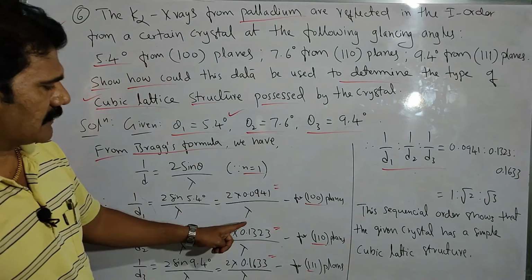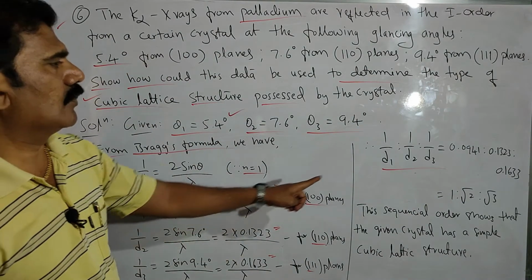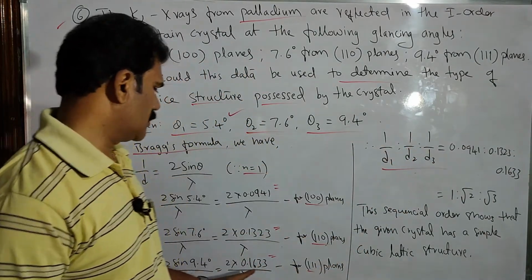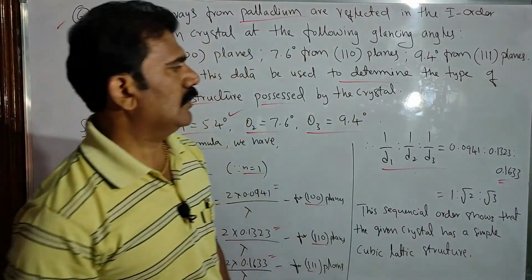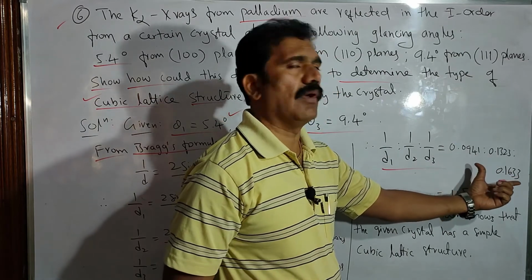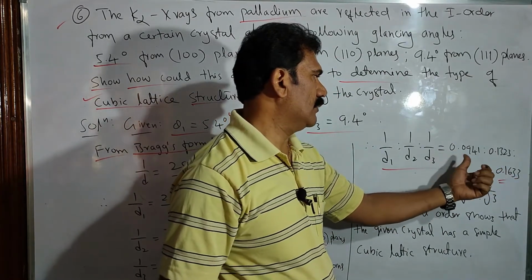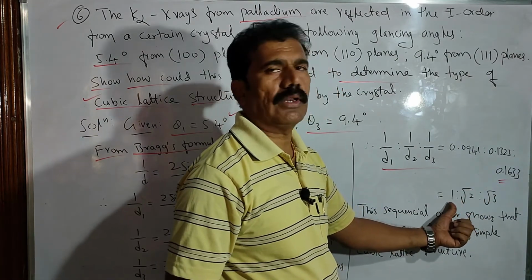After cancelling the common factor 2 by lambda, you will get only 0.0941 is to 0.1323 is to 0.1633. Now if you look at these particular ratios, these fractional values are obtained in a particular order. What is that order, you know? So first, 0.0941 is nearly equal to 1.